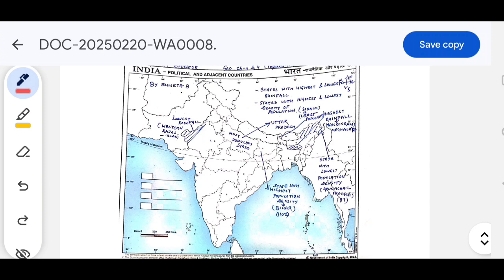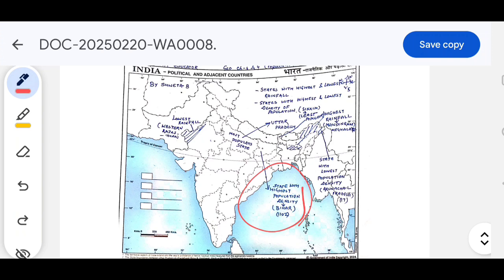So density, you understand, area and population both matter. The definition of density of population is the number of people living per square kilometer of area. So according to that, Bihar is the most densely populated state. So this is the highest population density, which is in Bihar.